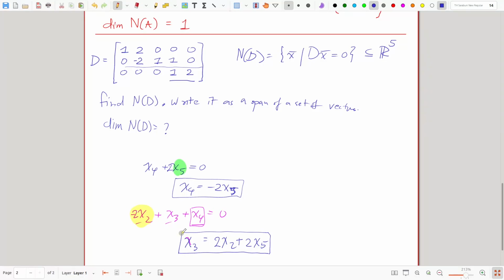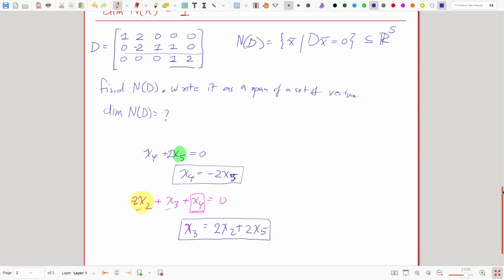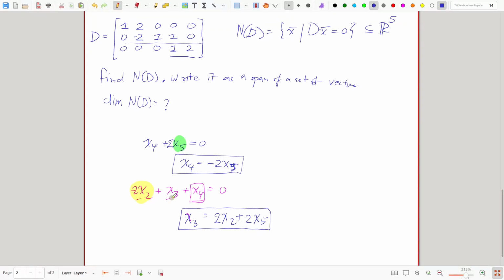Finally, we have the last equation, x1 plus 2x2 equals 0. So I change it to x1 equals minus 2x2, right? So my solution looks like this.